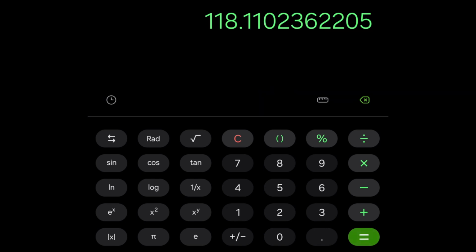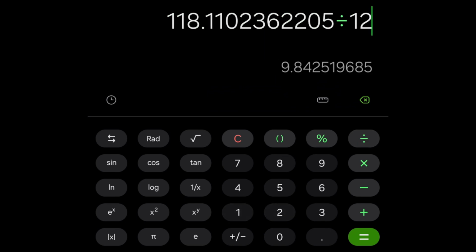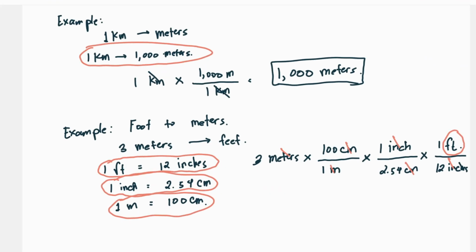And then we need to divide it again with 12. Okay, so that would give us an answer around 9.84 feet. So I'm going to round my answer to 2 decimal places. So that would mean that that is 9.84 feet. Okay, so that would mean that 3 meters here is equivalent to 9.84 feet. Okay, let me box that answer.